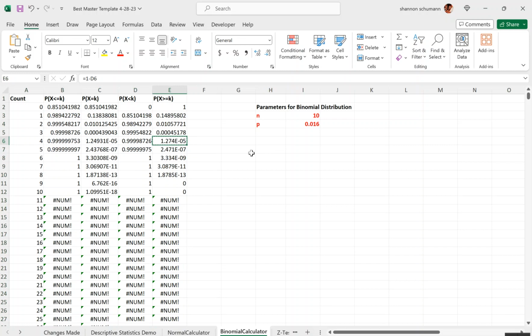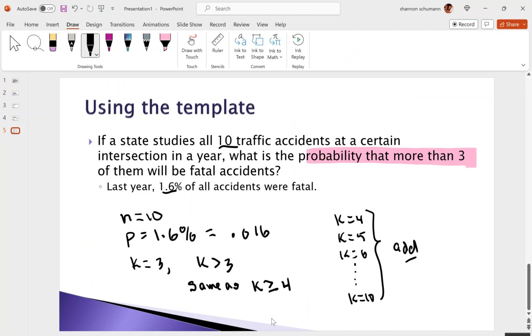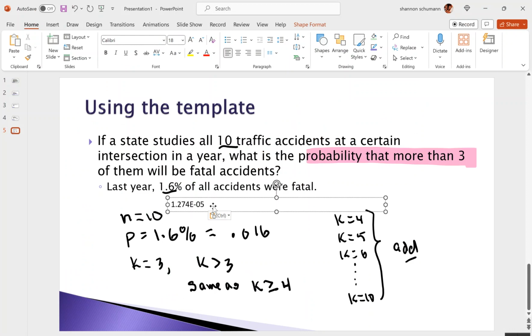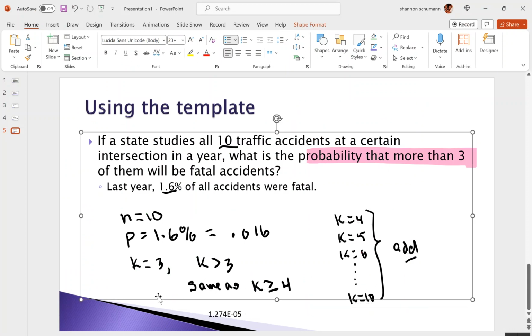How on earth do I read that? Let's take a look. This is Excel's way of using scientific notation. That E tells you we're using scientific notation.